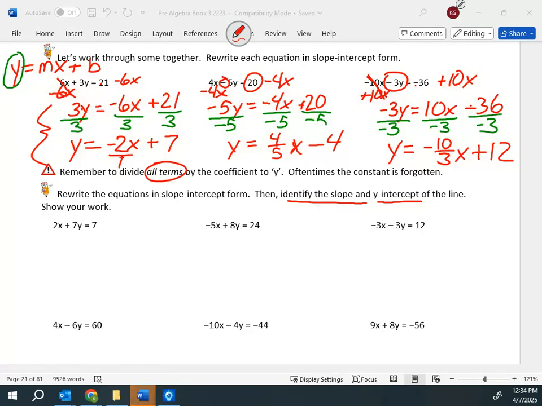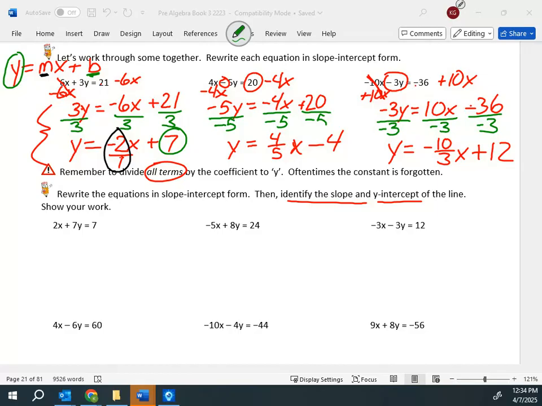Okay, so if we look at our first slope-intercept form that we have here, y equals negative 2x plus 7, what is my slope? Christina? Yeah. This is my slope, because that's the m. Then what is my y-intercept? Remember, that's the b.